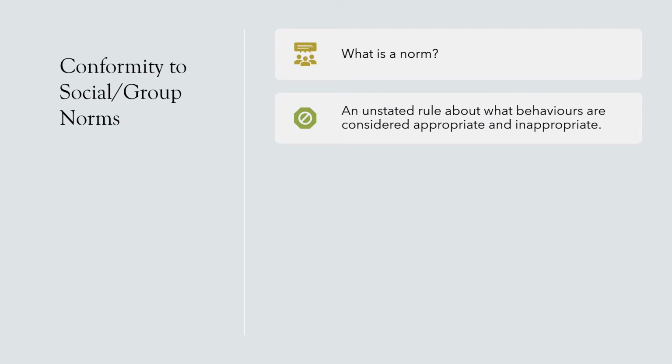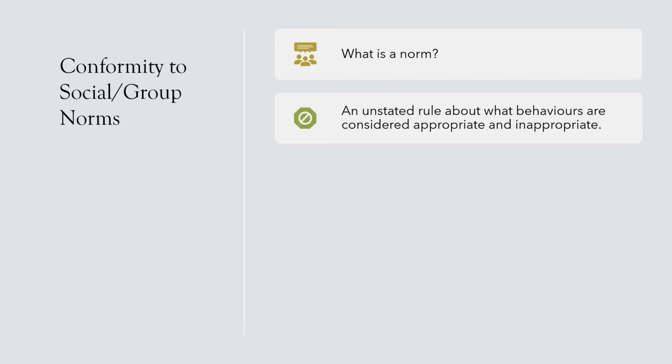Conformity to social and group norms. What is a norm, first of all? Pause me if you need to think about it. A norm is an unstated rule about what behaviours are considered appropriate and inappropriate. So nobody tells us these rules when we belong to a group. We just kind of know them.